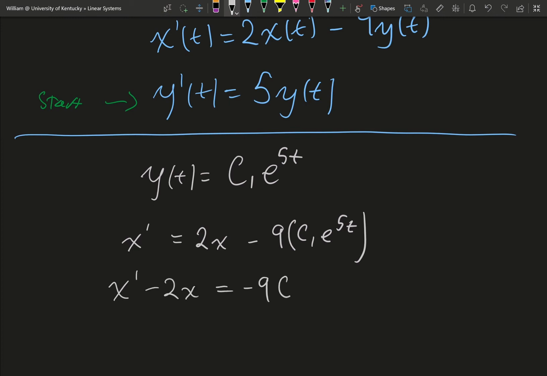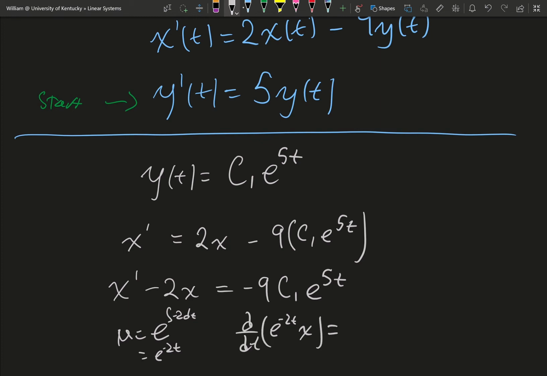So this is first order linear at this point, so it's pretty straightforward. We give our integrating factor. So e to the negative 2t times x, the derivative of that is equal to negative 9 c1 e to the 3t.